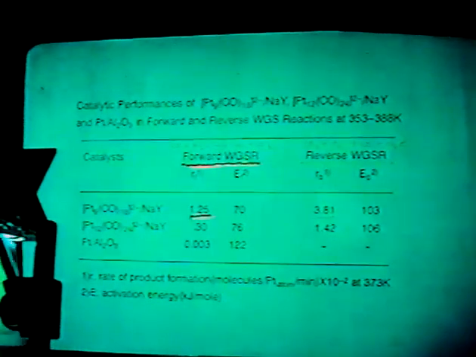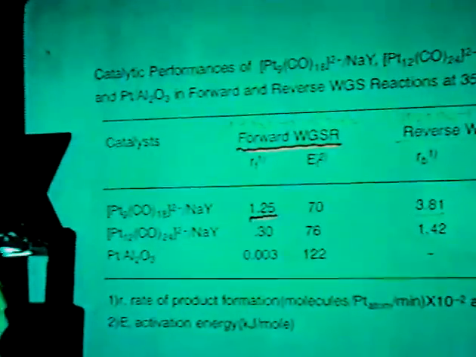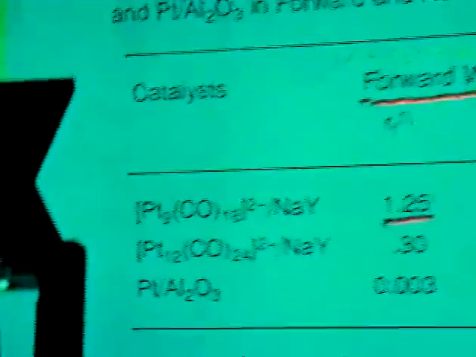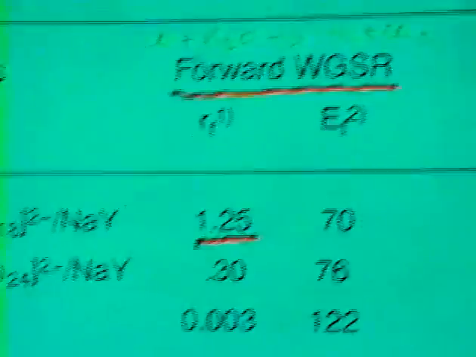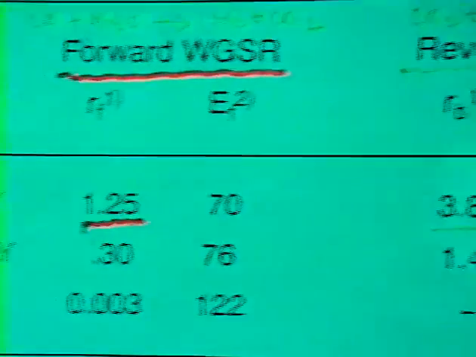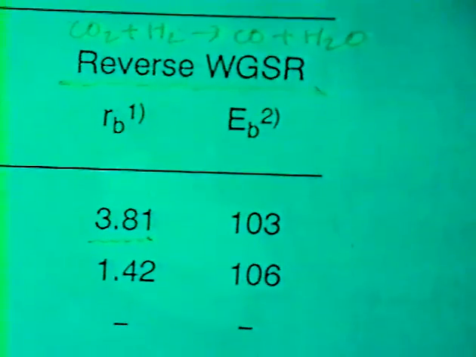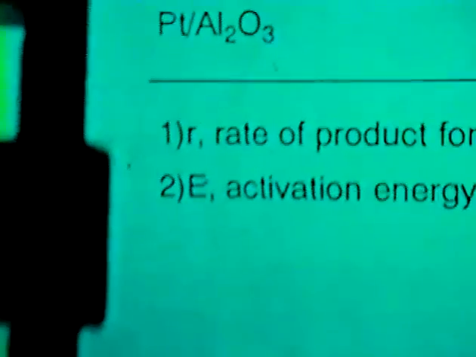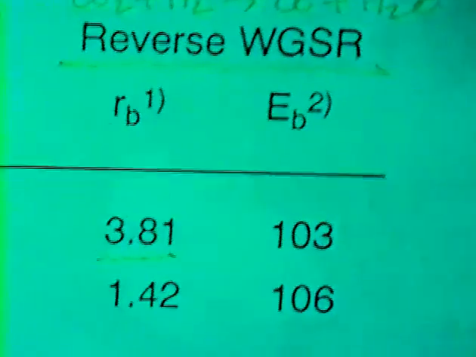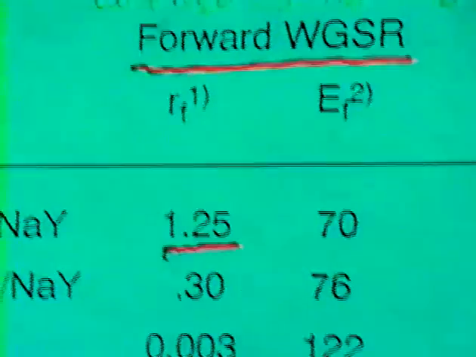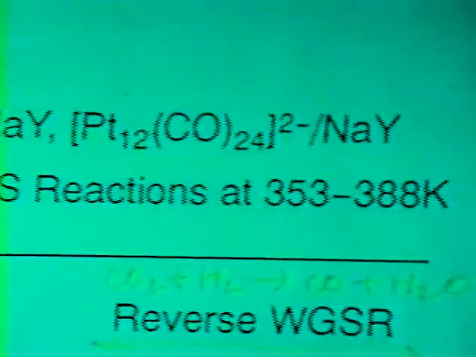We have found that these carbonyl clusters are quite effective for the water gas reaction in the presence of carbon monoxide and water in the gas phase to make hydrogen and carbon dioxide products under atmospheric pressure and around 100 degrees C. The remarkable activities of these platinum 9 and 12 carbonyls in the sodium salt show rates several hundred times larger compared to conventional platinum clusters.